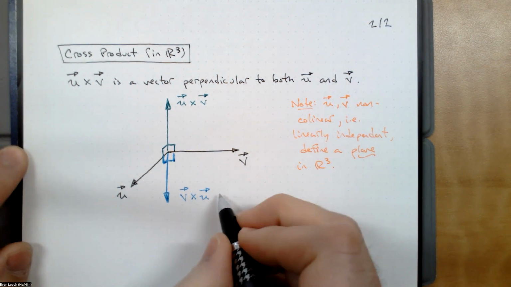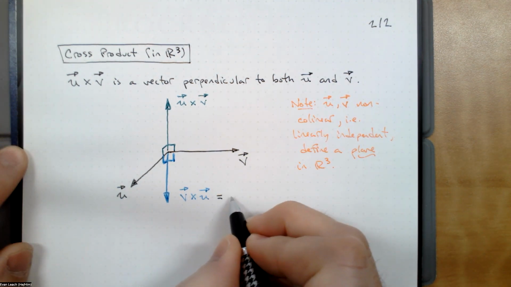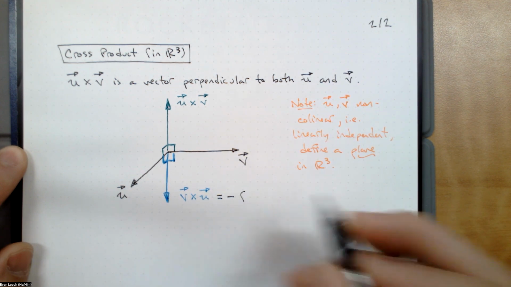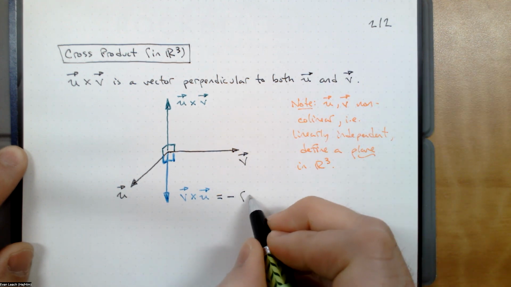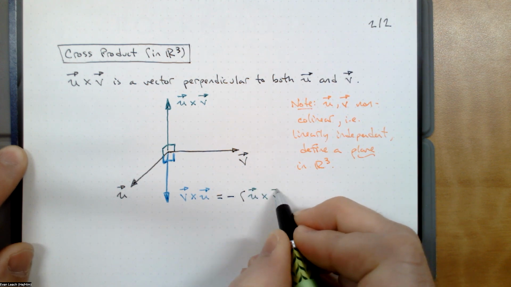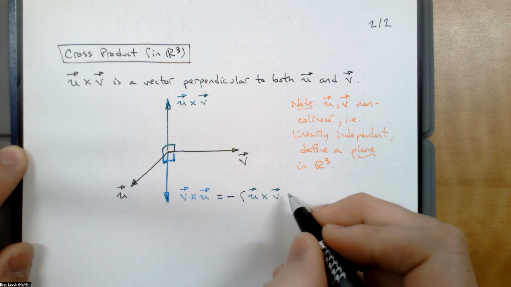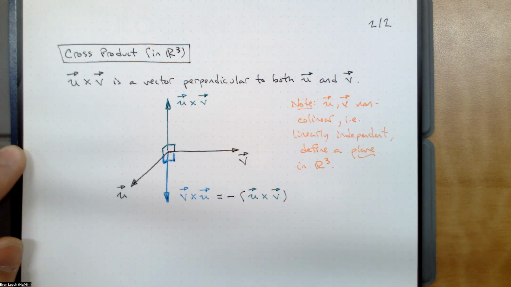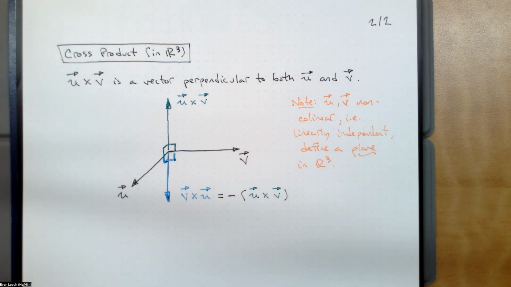If we change the order in our cross products, we get the opposite. The cross product is not commutative because if you change the order, you change the sign.